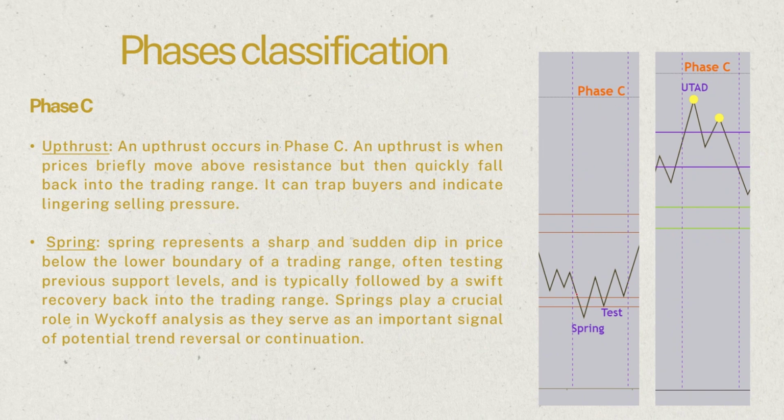Like I explained, this is exactly an upthrust. This is a trading range. It came in and then automatically came down quickly. It traps buyers and indicates that the selling pressure is lingering.